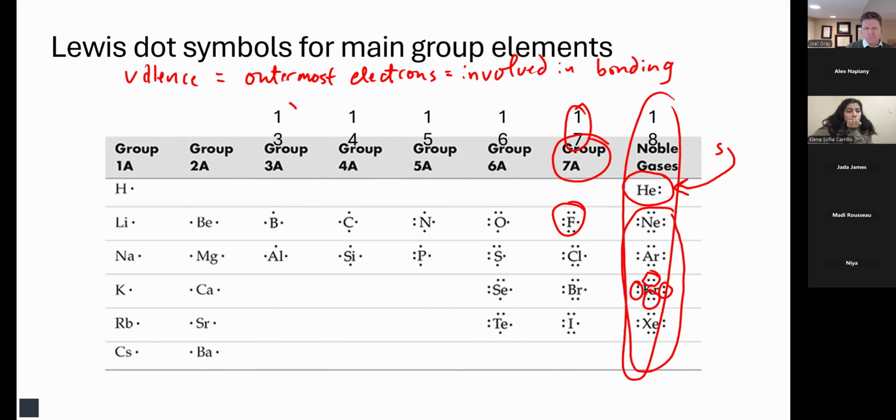Neon, argon, krypton, and xenon have 2 in their s subshell, but then they have 6 in their p subshell. Helium has 0 in the p subshell because helium only needs 2 electrons. So it is an exception to the octet rule.